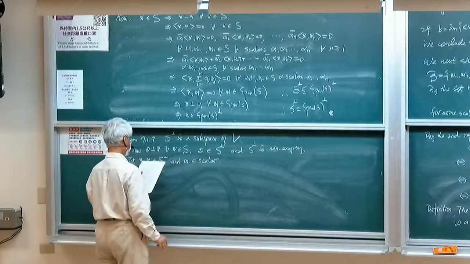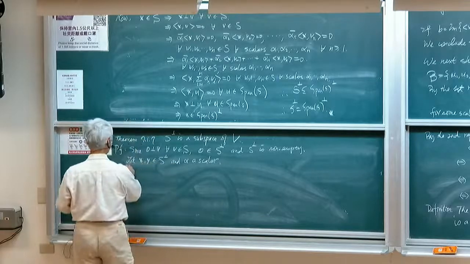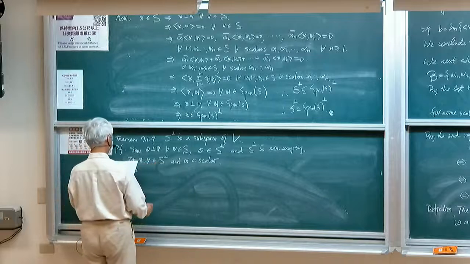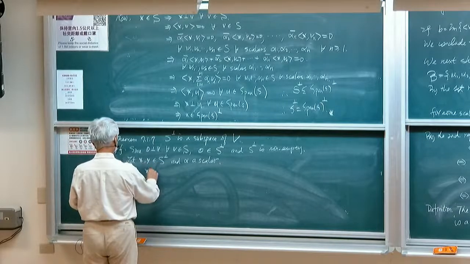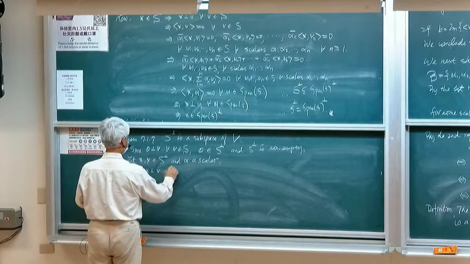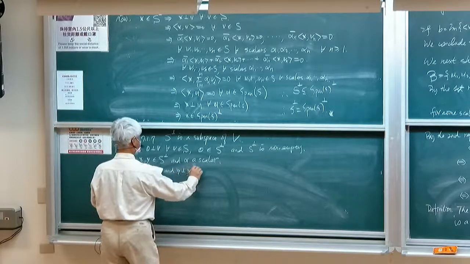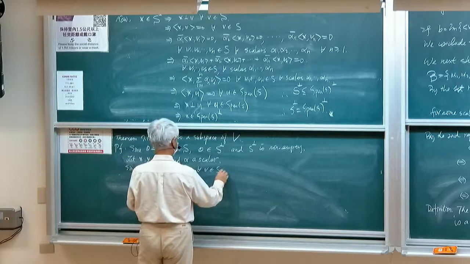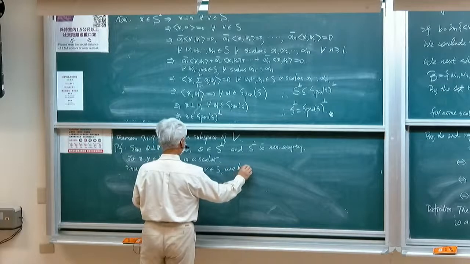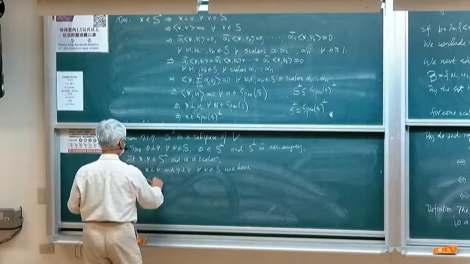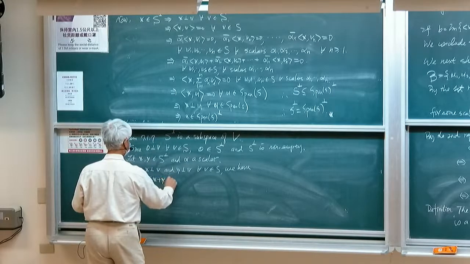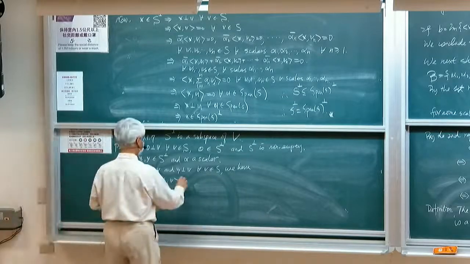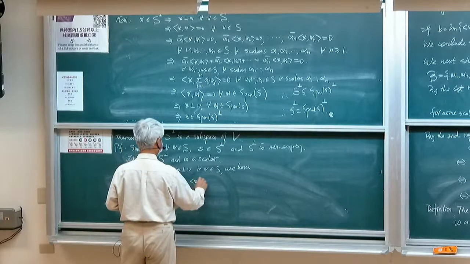Now, since x and y are in the orthogonal complement of S, x is orthogonal to v, and y is orthogonal to v for all v in S. Okay? So now we look at the sum of these two vectors. You know that this is easy.